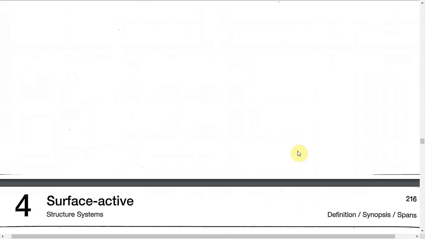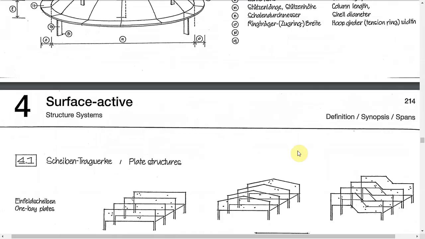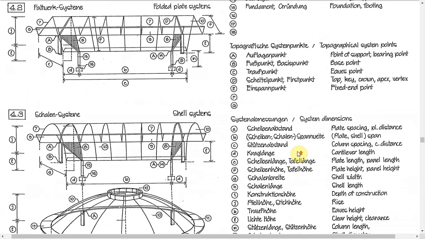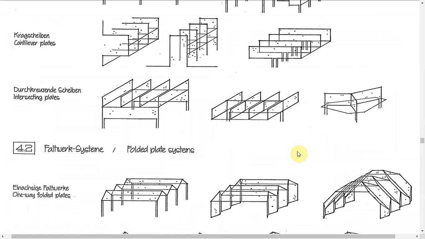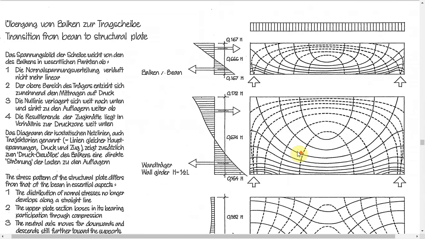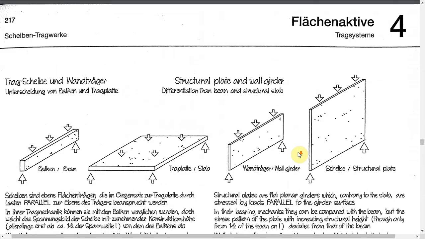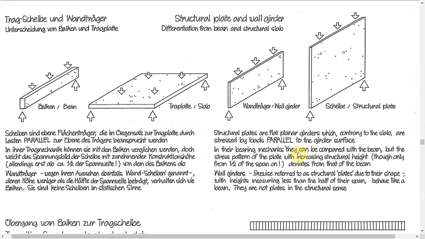Now we move to the other part. Structural plate and the wall girders. What is its definition? The structural plates are flat planar girders which, contrary to slab, are stressed by the loads parallel to the girder surface.